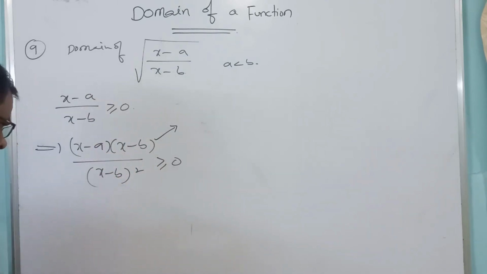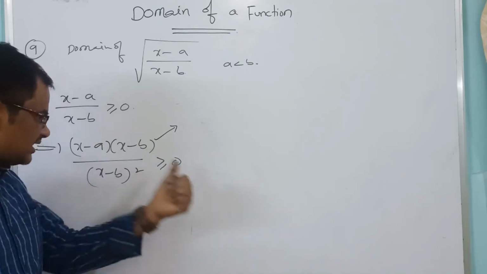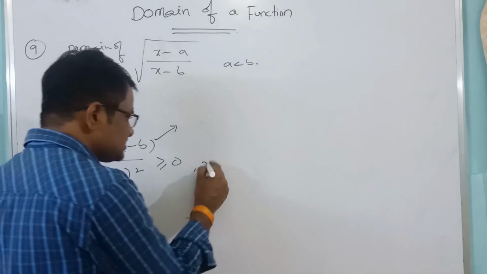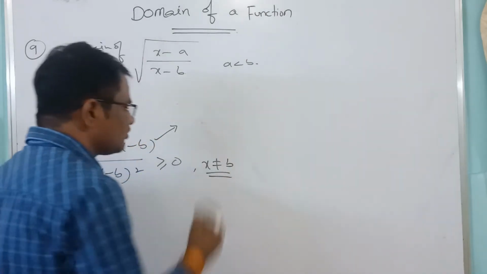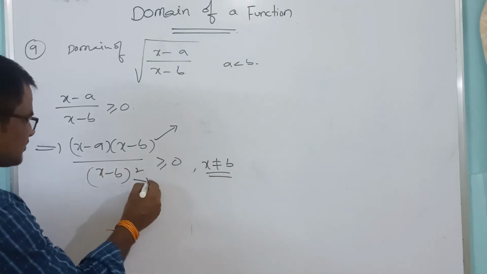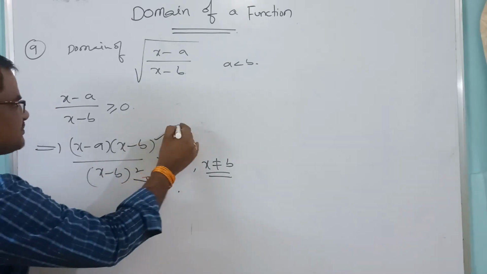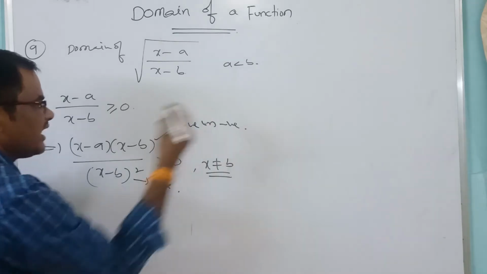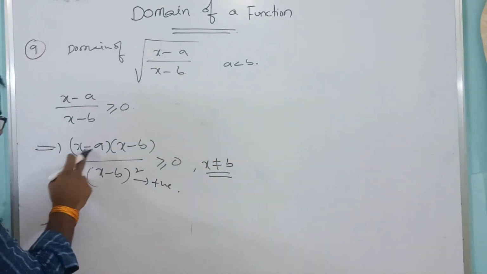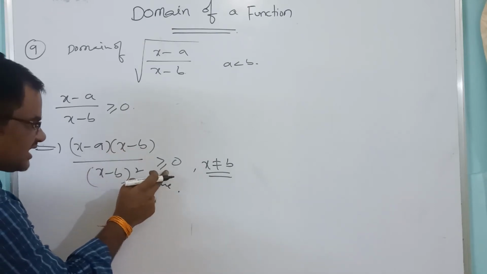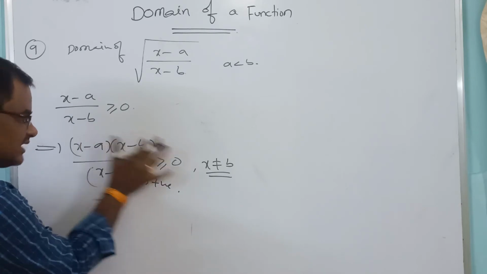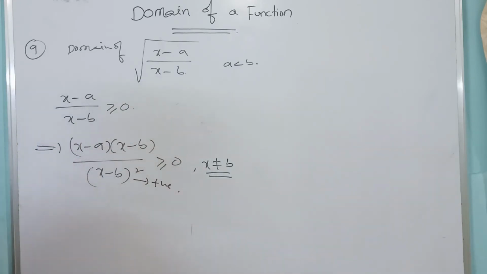Now for x, all the real numbers exist for this one except x equal to b. Means here you can take x not equal to b. Now if x is not equal to b, for all values the denominator is positive only. Now we have to identify whether the whole thing is positive or negative. For that, (x minus a)(x minus b) greater than or equal to 0 means this is positive only. So if it is positive, then this total is positive. Once again listen.